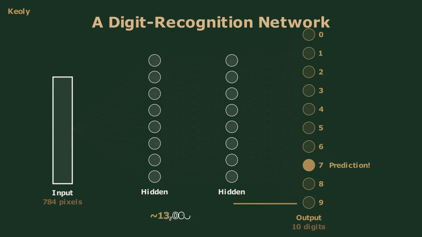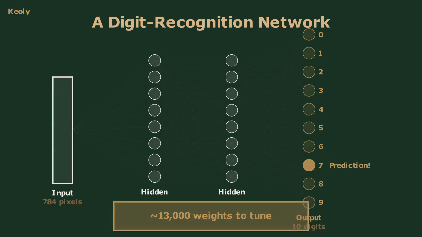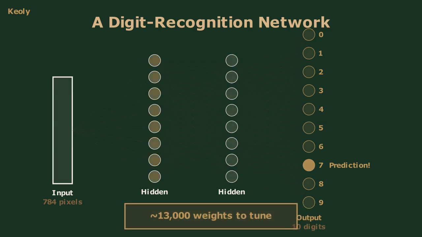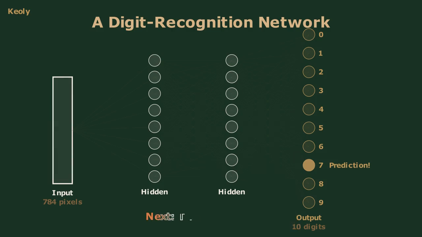This particular network has about 13,000 weights in total, 13,000 numbers that need to be tuned until the network can look at any handwritten digit and tell you what it is. That tuning process is what we're about to visualize.